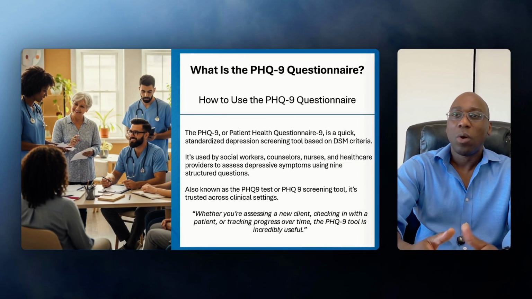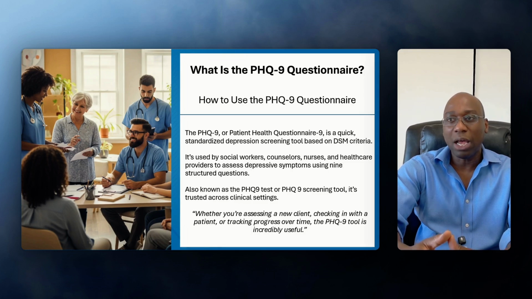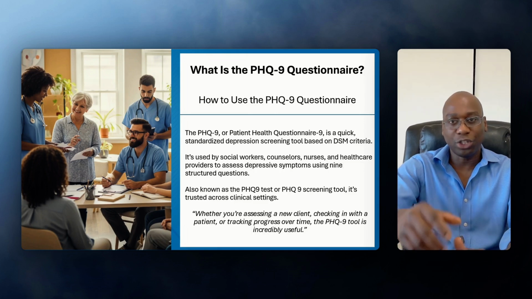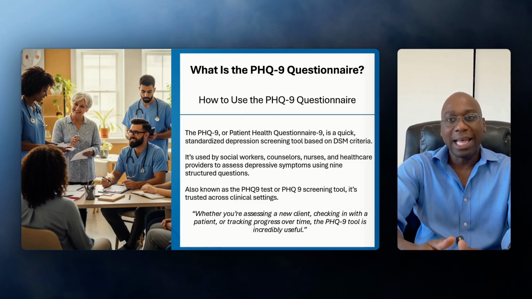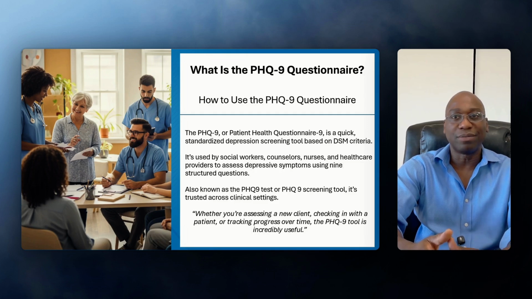Now, what is the PHQ-9? It stands for Patient Health Questionnaire 9. It is a brief, self administered screening form with 9 questions that align with the DSM criteria for depression.